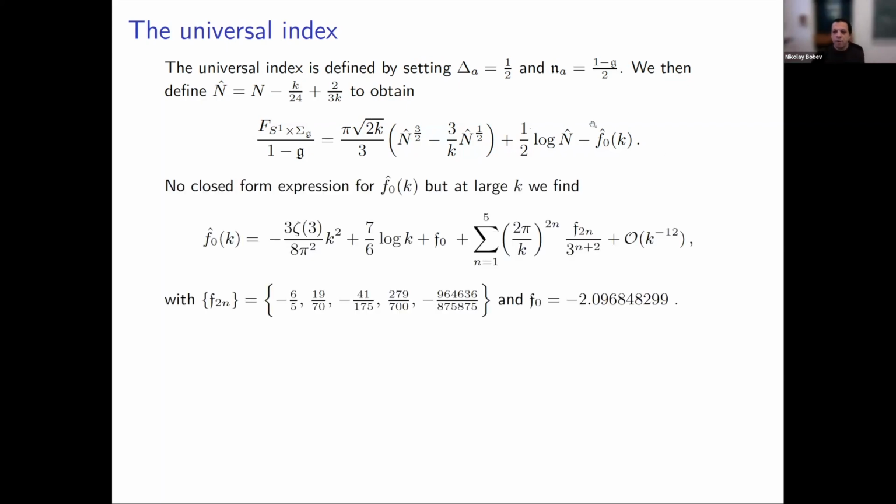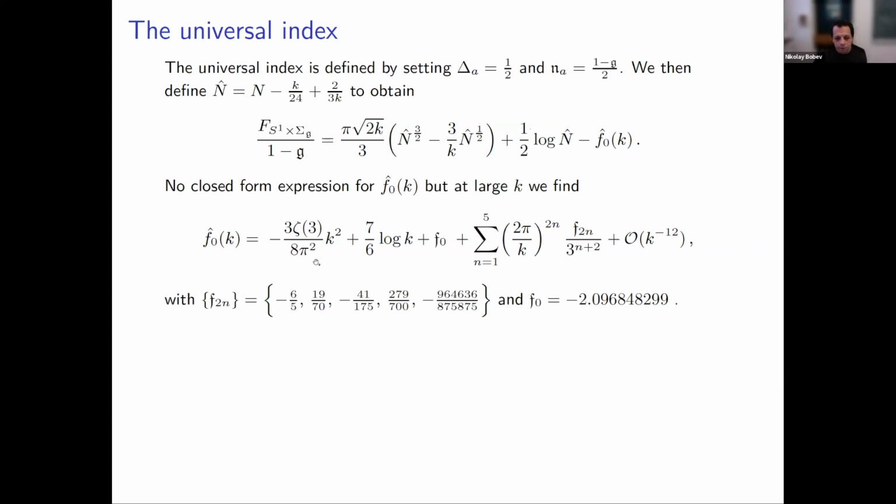And this function f hat of 0 is the analog of this curly A function that I had for the Airy, for the round sphere. This one we couldn't really compute in closed form. We expect some transcendental numbers. Before I had some infinite sums with Bernoulli numbers.